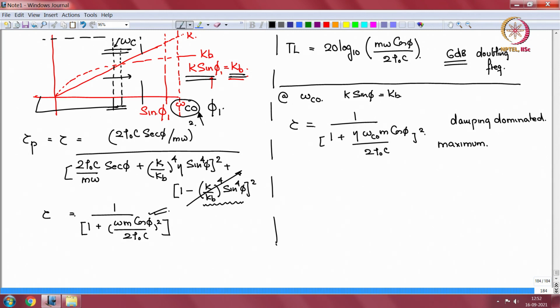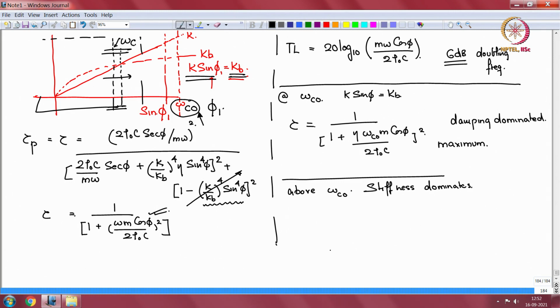Okay. Finally, above coincidence, okay, the stiffness term dominates. Okay, so what do we get now?